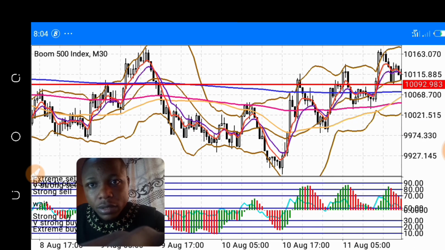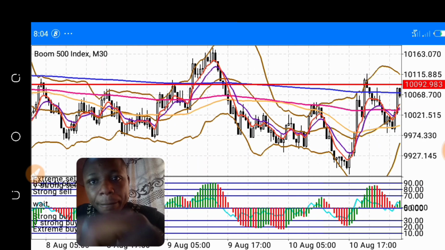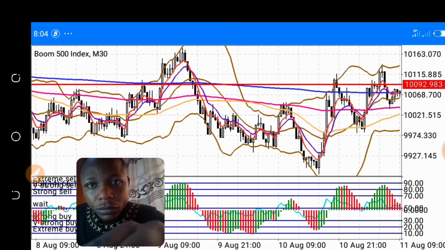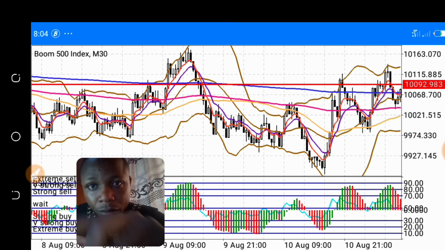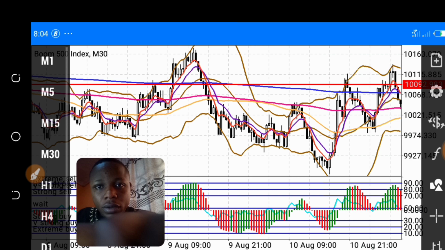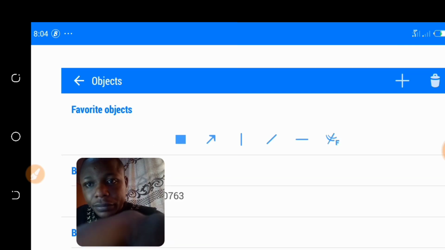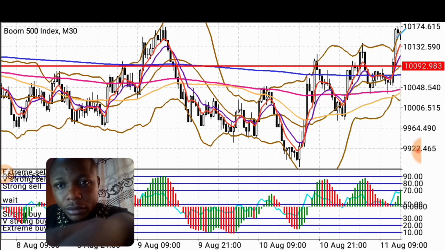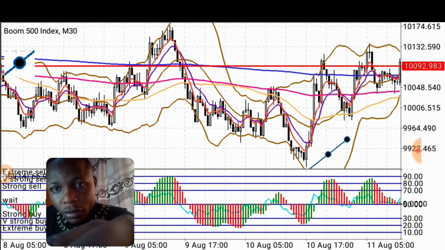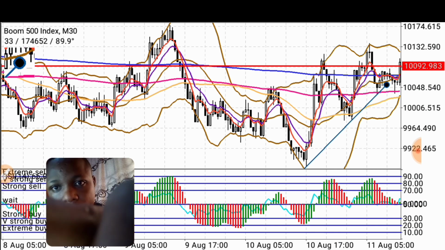Okay, so let's do another practical here. Let's draw a trend line over here for this uptrend, from the lower low to the higher low.